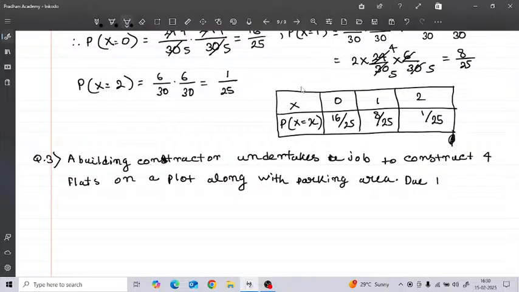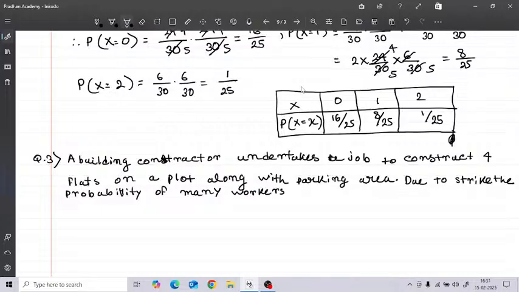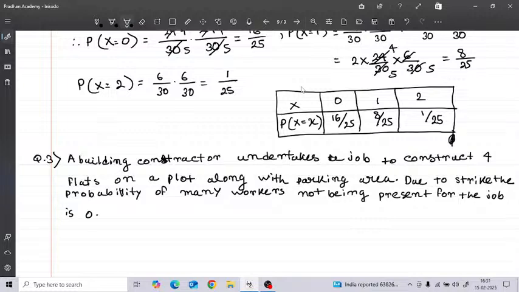Due to strike, the probability of many workers not being present for the job is 0.65.